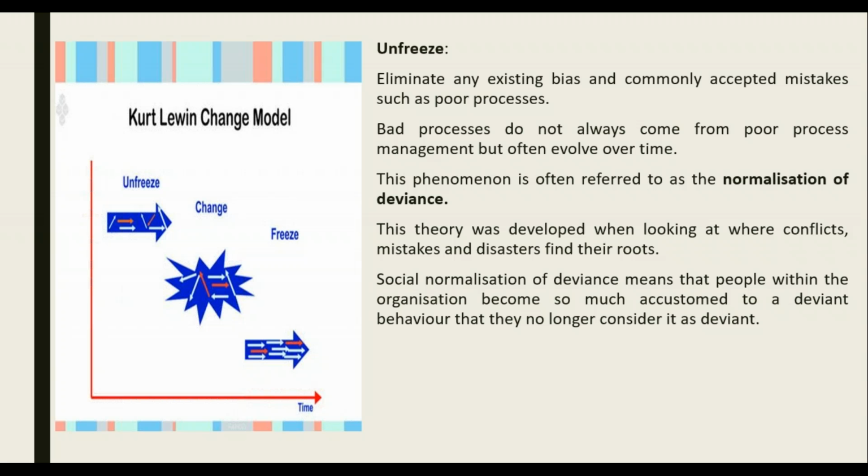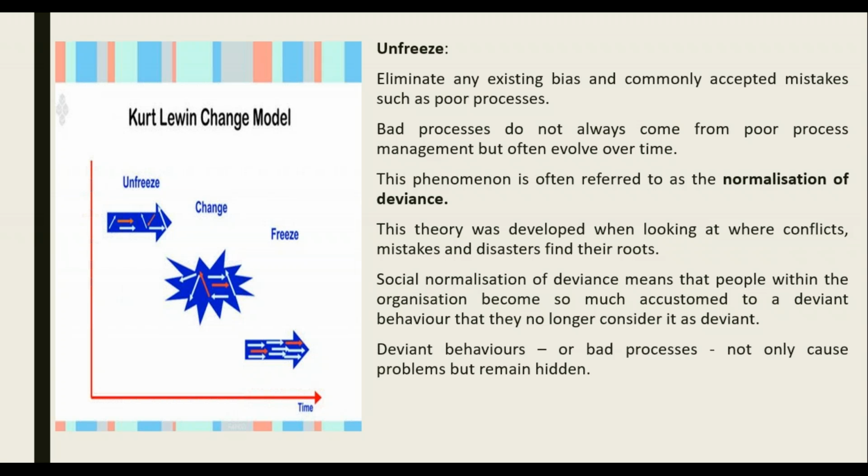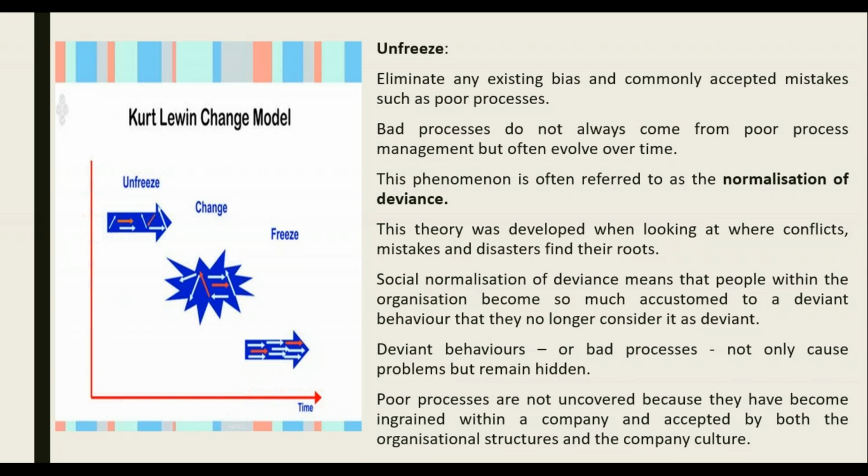Vaughan went on to describe how these deviant behaviours, or bad processes, not only cause problems, but remain hidden. Poor processes are not uncovered because they become so ingrained within a company and accepted by both the organisational structures and the company culture that they're no longer seen as deviant. A sobering and challenging thought.